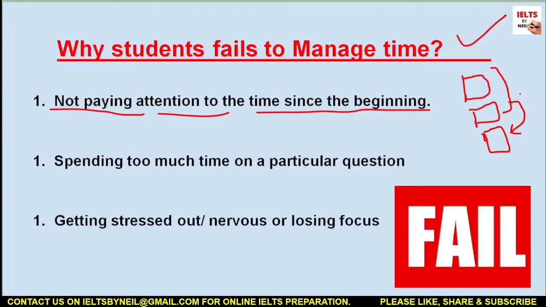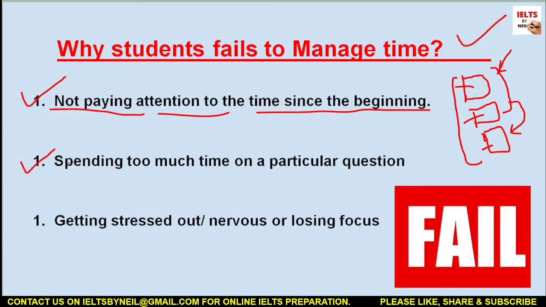This is not a good practice. From the very beginning, you have to be spot on, careful, and very attentive about the time, so that you can divide your time according to your speed and needs for all the three sections. So time management has to be done from the beginning only.